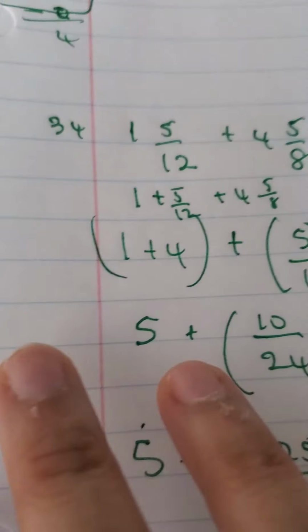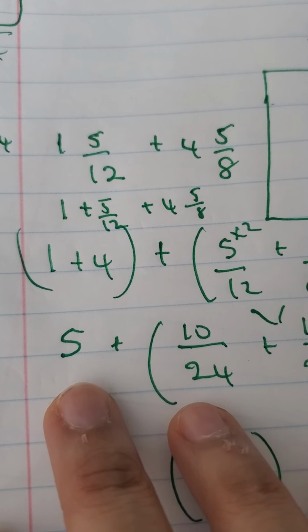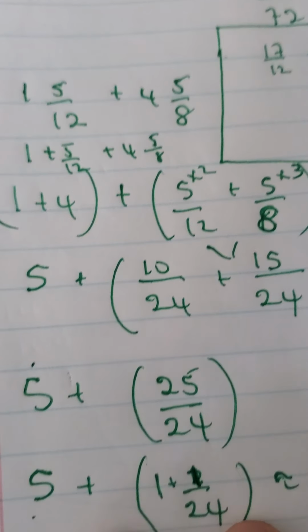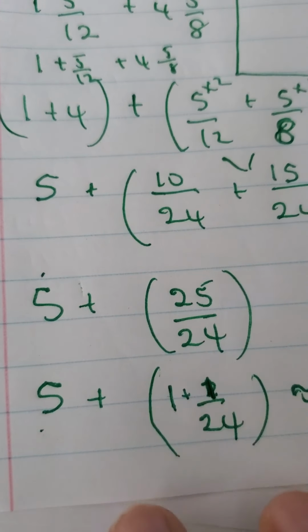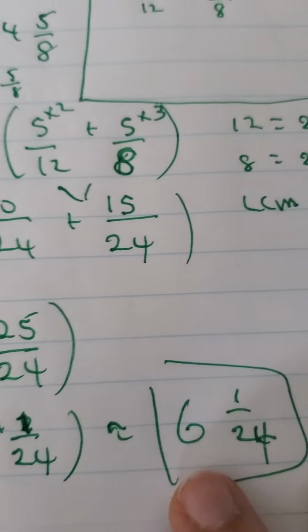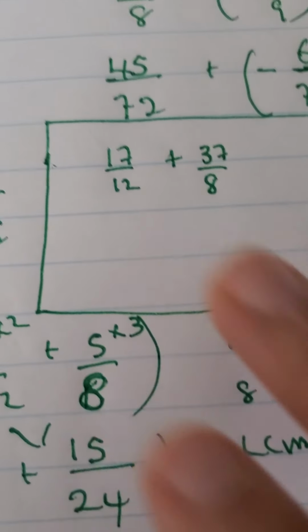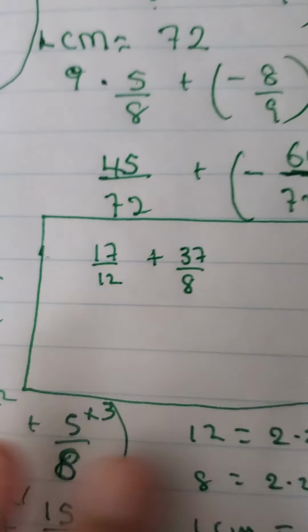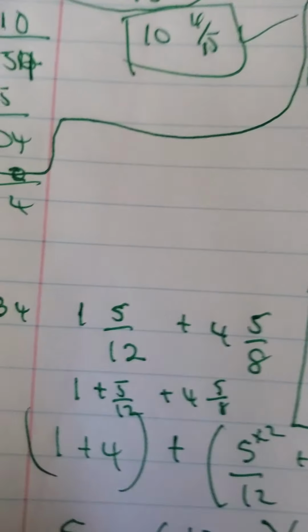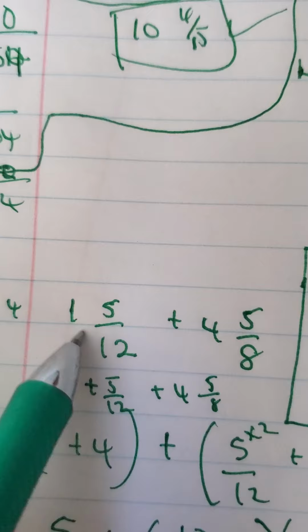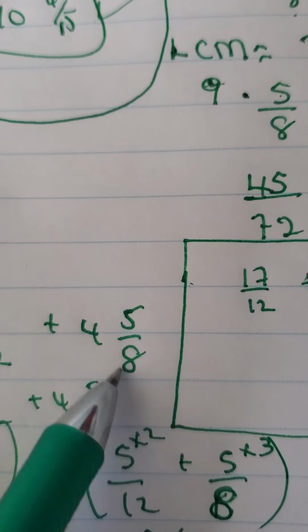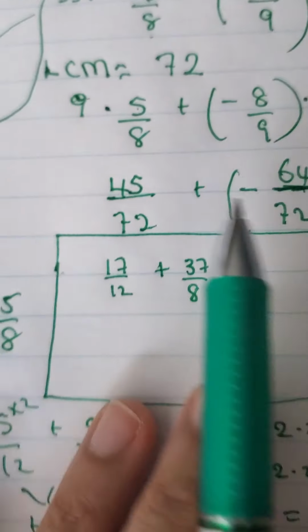So we see here that we added the whole numbers and worked out the fractional part. And then because it yielded a mixed number, we had to convert and then continue adding whole numbers, right? Here, this looks like a simple process, but we're going to get some pretty big numbers. So here we have 17 over 12, because 1 times 12 is 12 plus 5 is 17 over 12. And here 4 times 8 is 32 plus 5 is 37 over 8.